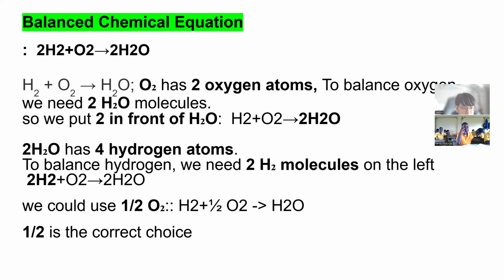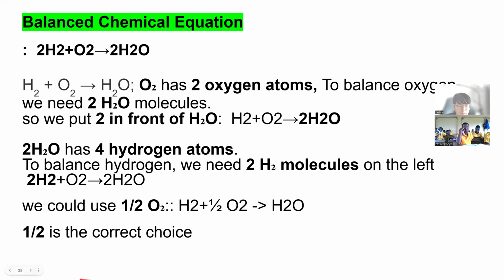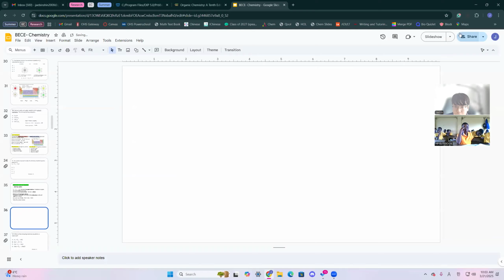We could use a half of an oxygen, which is what they did. Instead, we can write H2 plus half of O2 equals H2O, which is also correct. Let's have a few more different examples. Atoms neither appear out of nothing nor disappear into nothing.